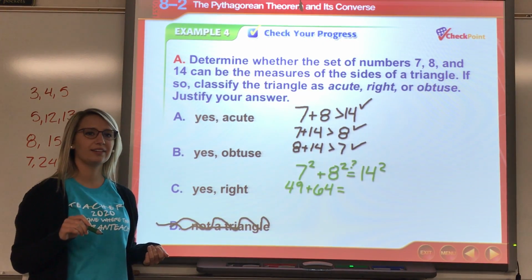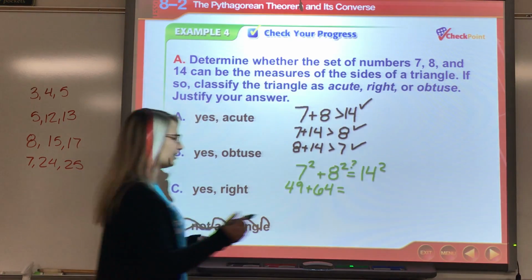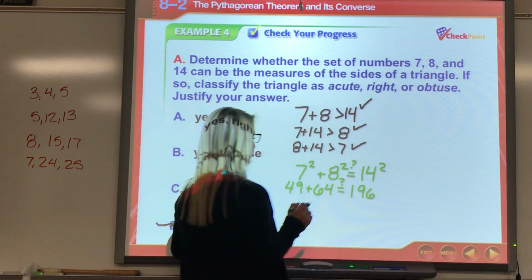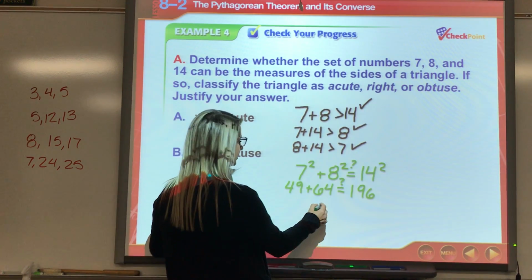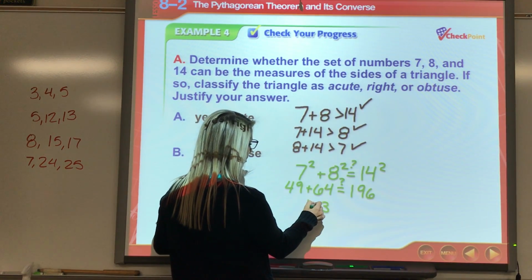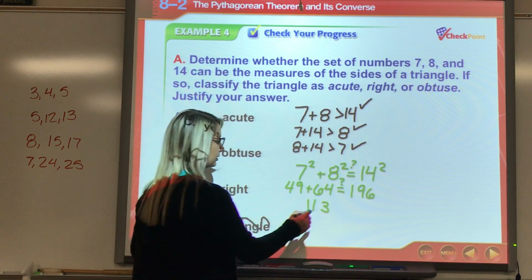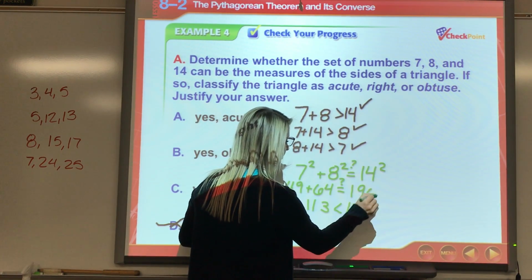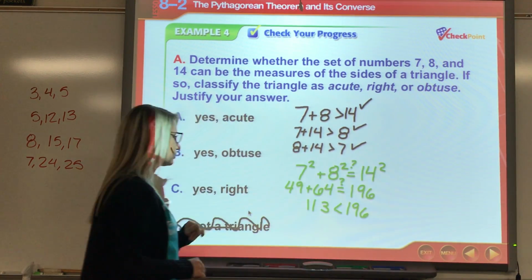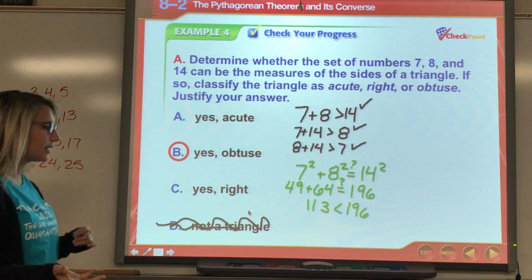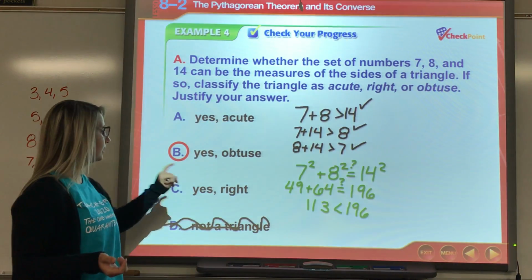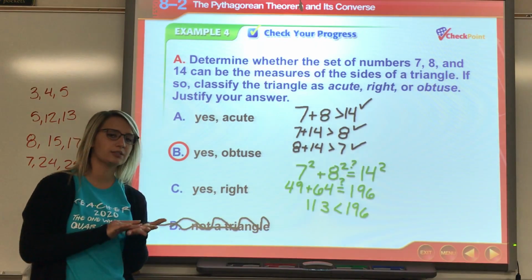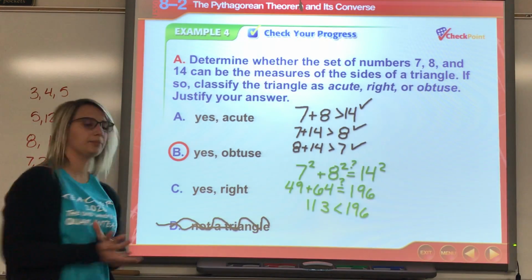What's 14 squared? 196. Thank you. Equals 196. Okay. When we add these together, we get 113 is less than 196. So we're getting that, yes, they are a triangle, and since the c squared is greater than the combination of a squared and b squared, it's an obtuse triangle.